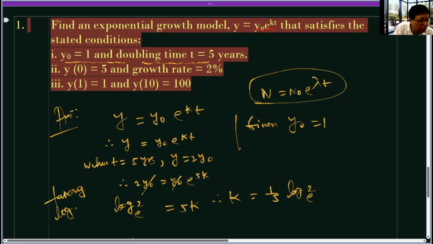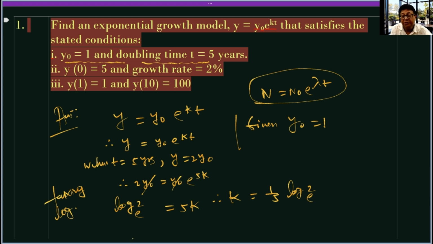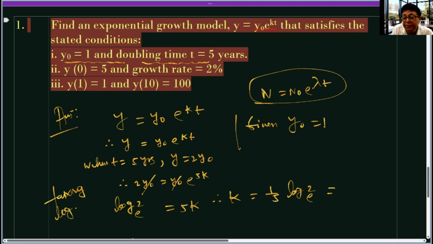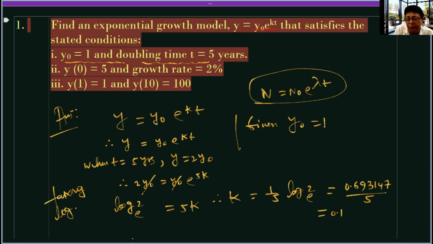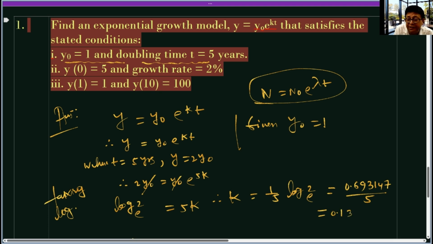What is the value of log 2 base e? I am checking here. This is given to me as 0.693147 by 5. This is approximately 0.138629.